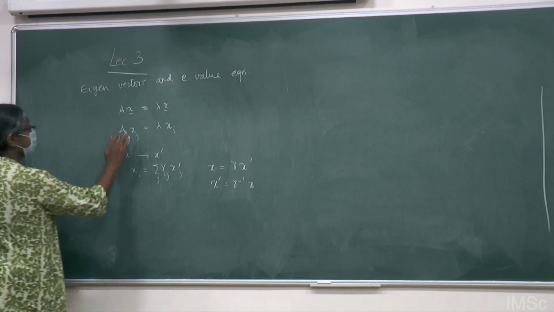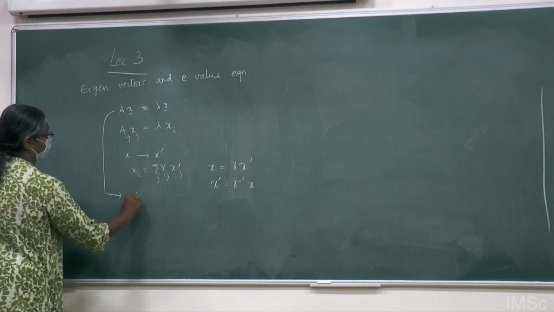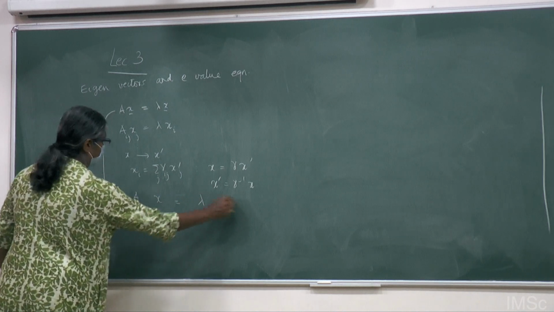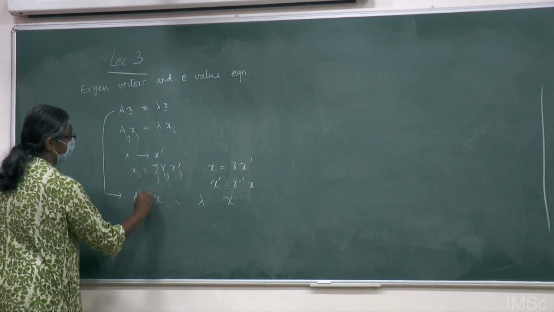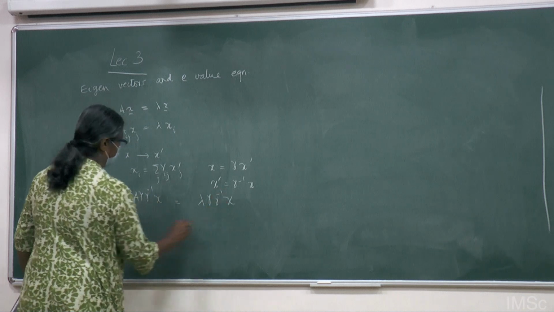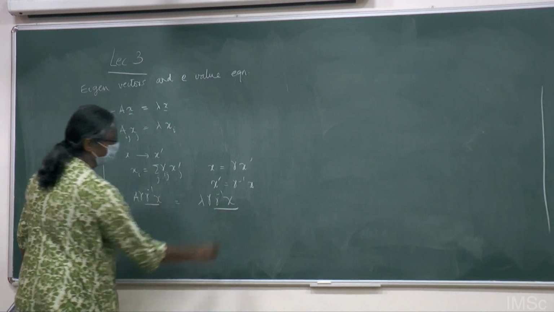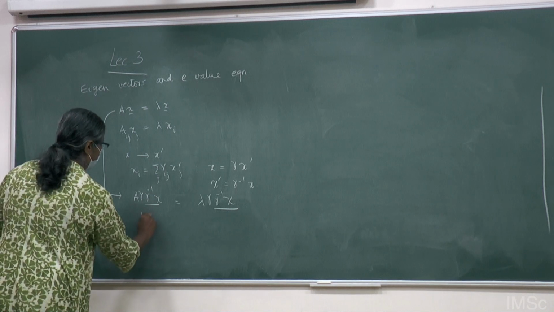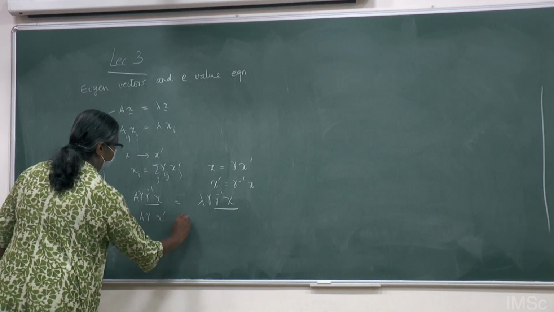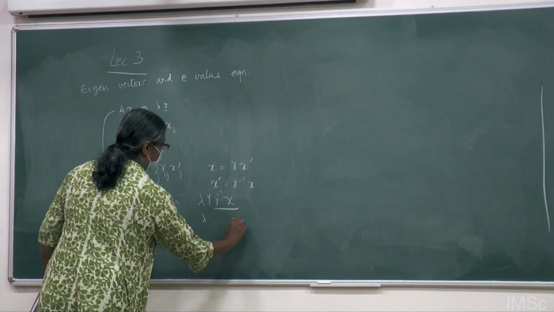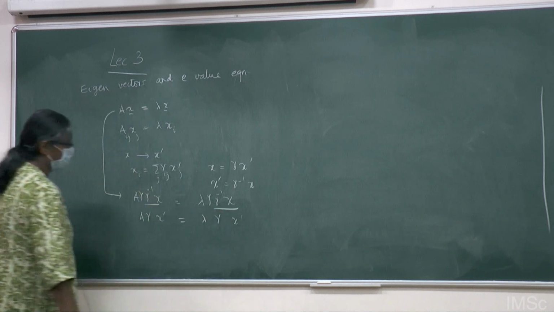So now I can take this equation, Ax is equal to lambda x, and I can insert gamma inverse, and define this to be x prime. So I have A gamma x prime is equal to lambda gamma x prime.